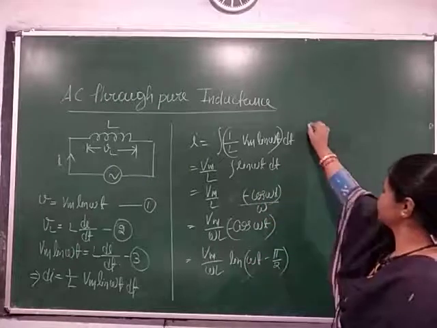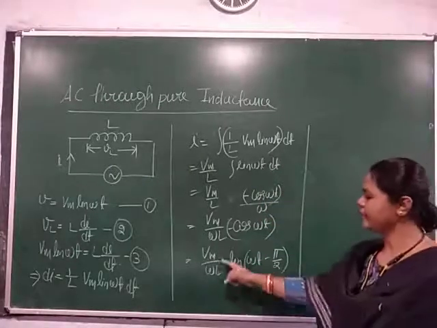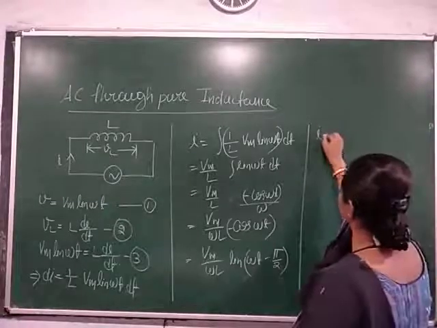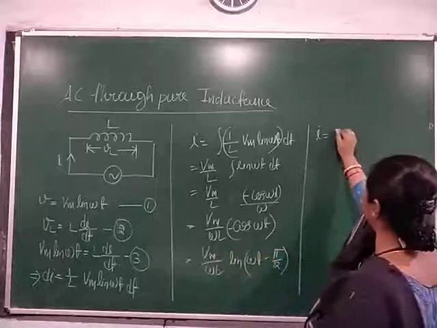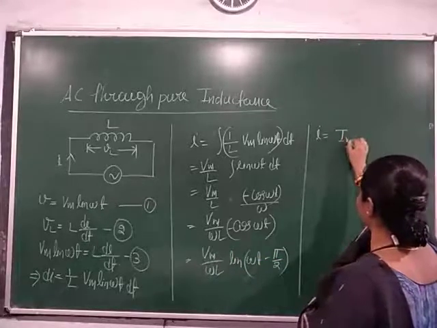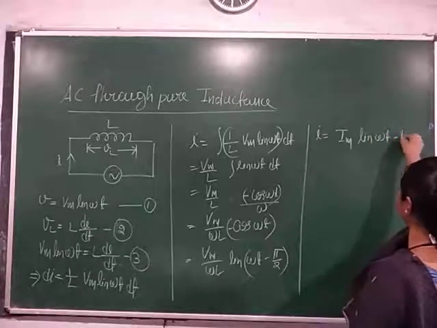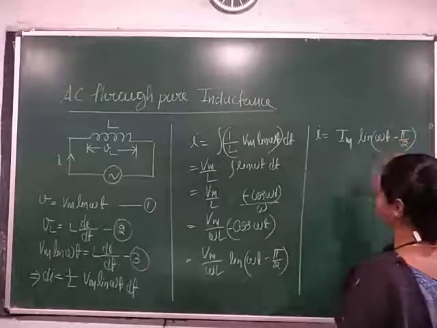Here, Vm by omega L is Im. So i equals Im sin of omega t minus pi by 2.